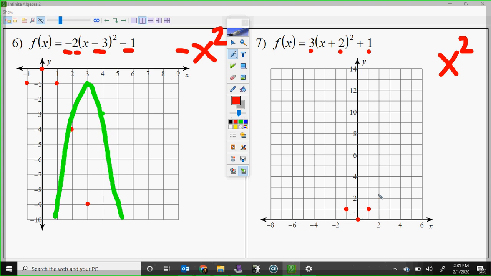At 2, 2 squared is 4. Negative 2 is 4. 3 is 9. Negative 3 is 9. And then at 4, 4 squared would be 16. That would put me off the top of my graph. So those are the points I'm going to use.